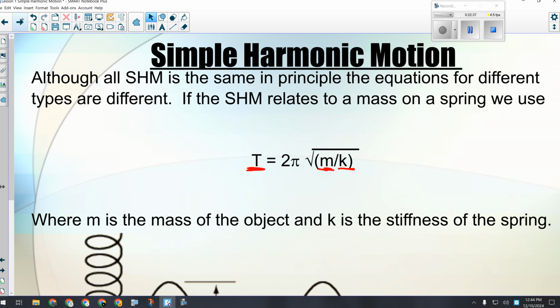All right, so this formula is on your formula sheet. This is how you calculate the period of a mass on a spring. You take 2 pi and multiply it by the square root of the mass divided by the spring constant. The spring constant is how stiff the spring is.